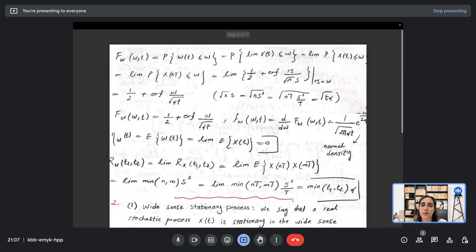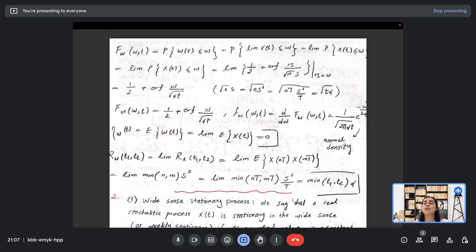Now that we have done this pre-process, let's talk about the probability distribution function of w. We write the probability that w of t is smaller than w, and we substitute this with the limit of x of t.